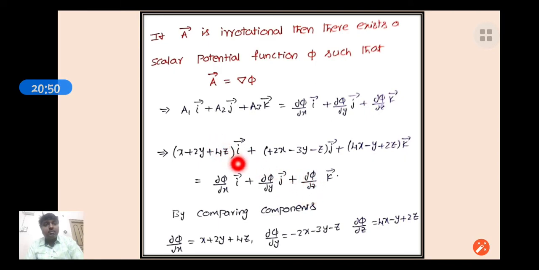Now by comparing the components of i bar, j bar, k bar, dou phi by dou x is equal to x plus 2y plus 4z. Next, dou phi by dou y is equal to 2x minus 3y minus z, and dou phi by dou z is equal to 4x minus y plus 2z. Here also three equations exist by comparing the vector point function a bar and grad phi.